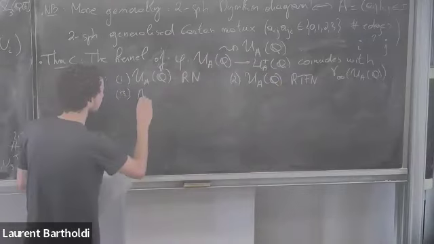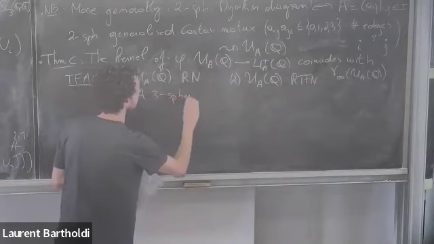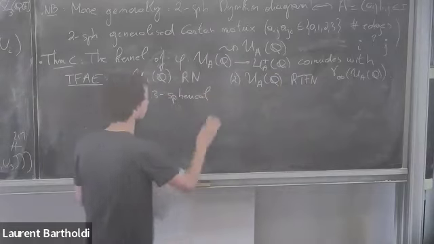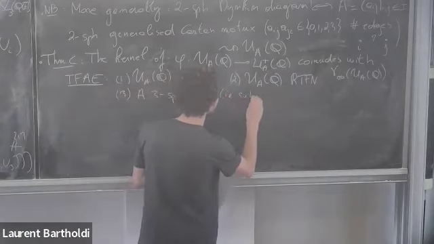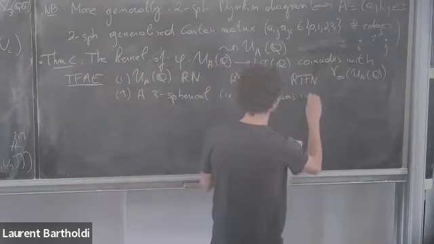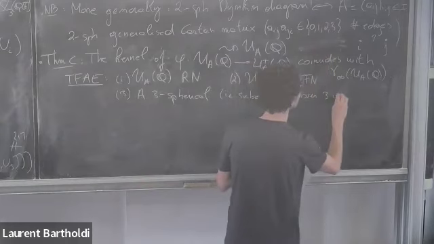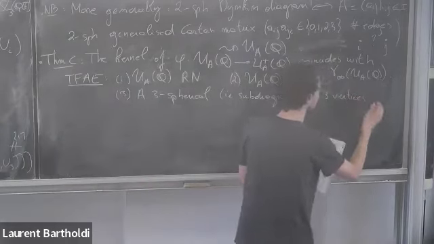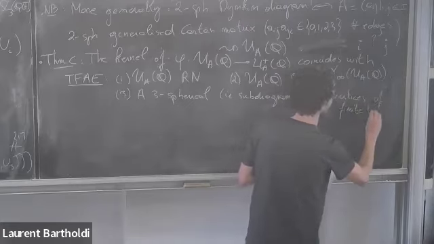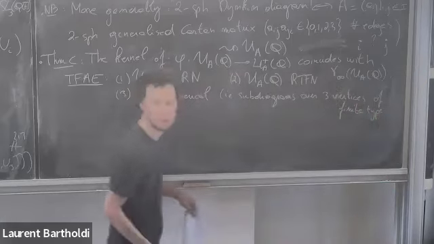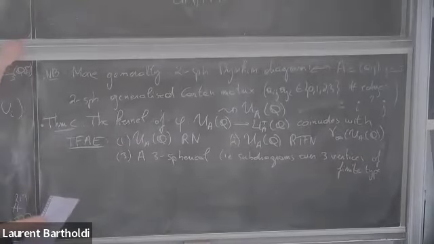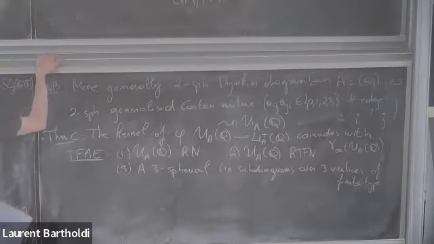And then the deciding factor is that the matrix is three-spherical, which means that every linking diagram with three vertices is a linking diagram of finite type. So of type A3, B3, C3, or A2 times A1, B2 times A1, or A1 times A1 times A1.